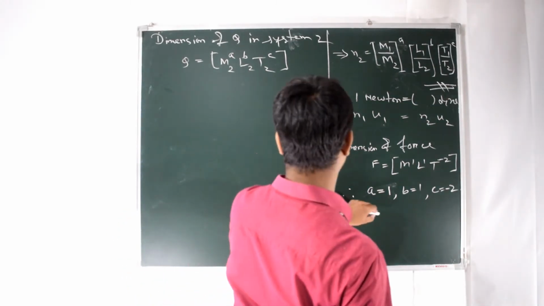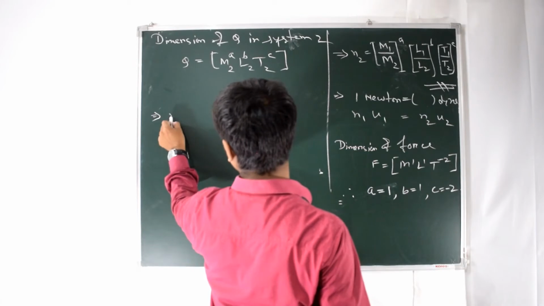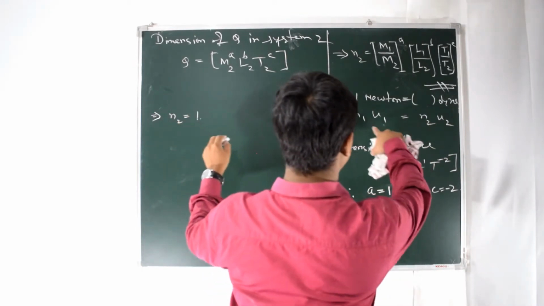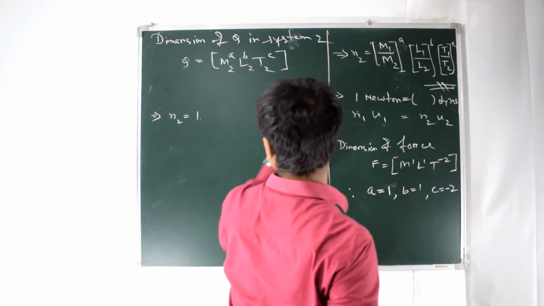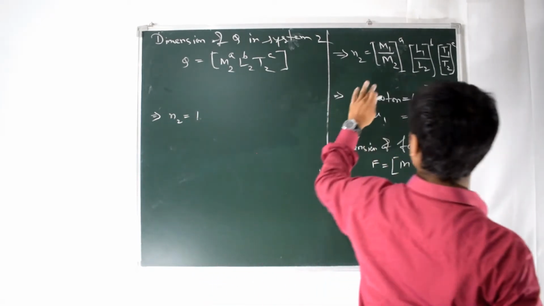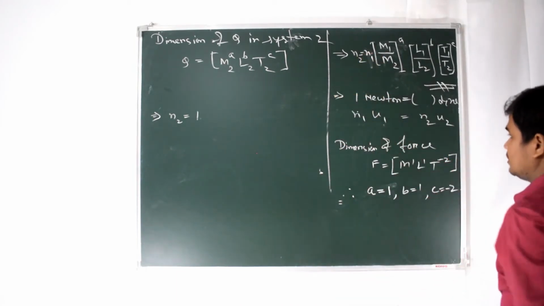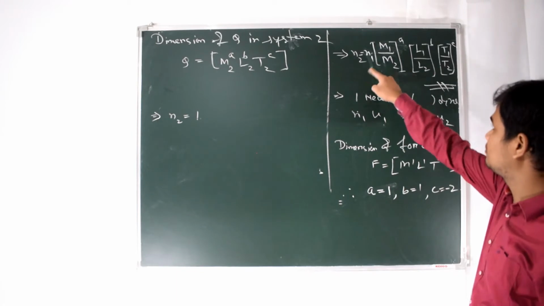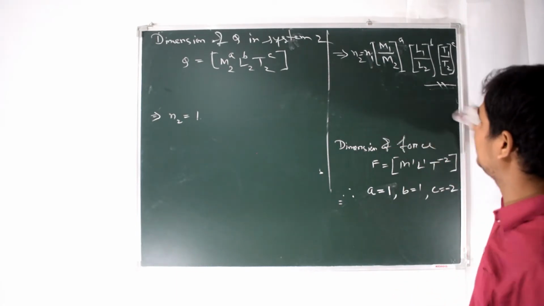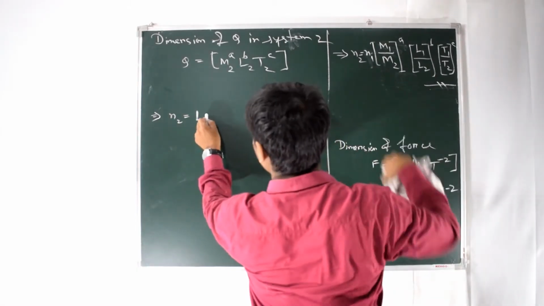So N2 is equal to 1 into, because N1 is 1.